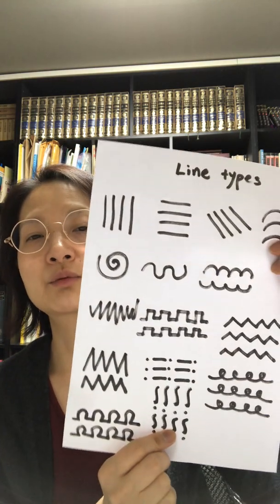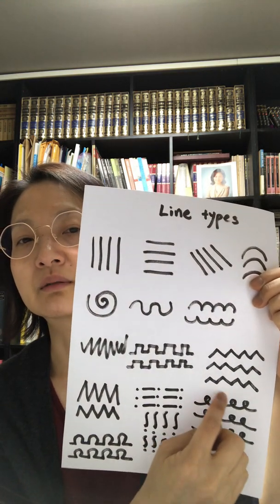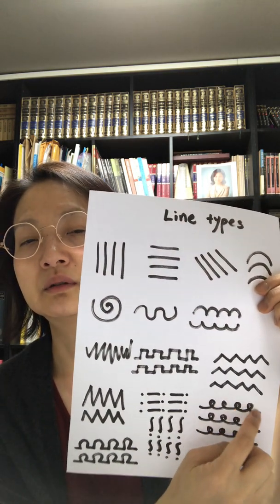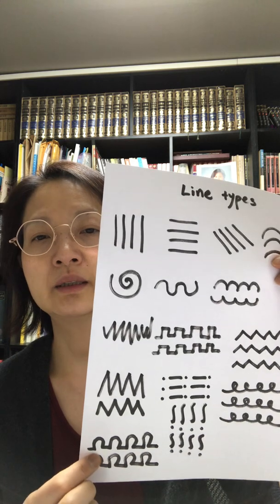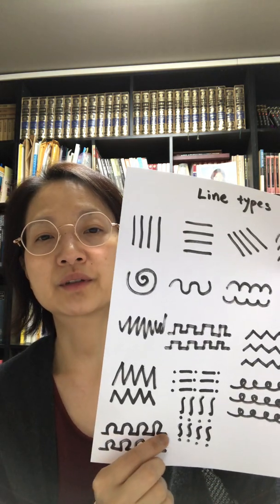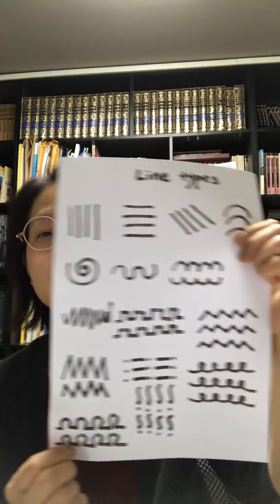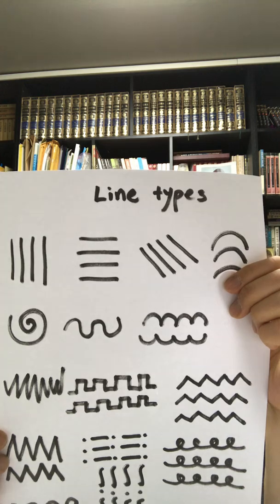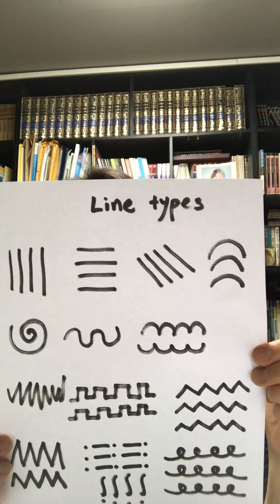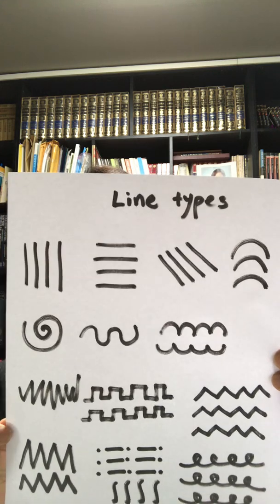A line comes with patterns all the time. This is also another curve. This is also another interesting line. So here are the types of lines that you can have as a reference in order to create another project.